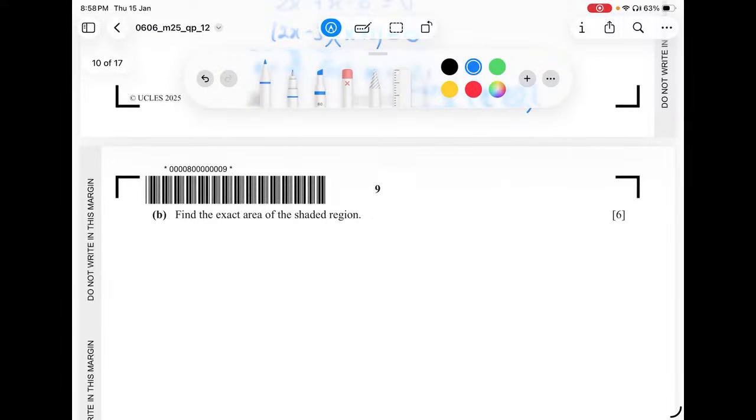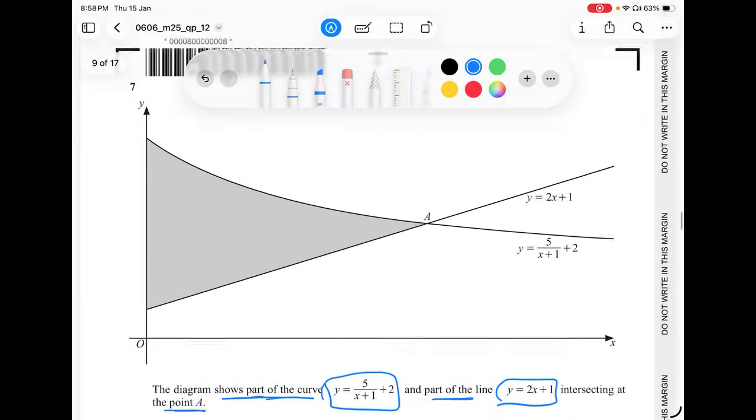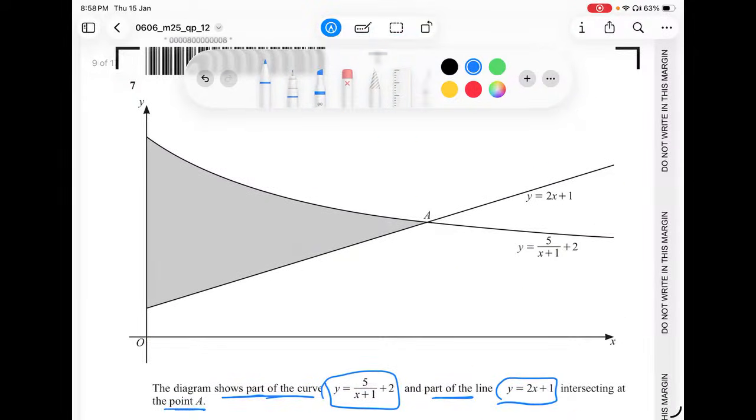Now part B: find the exact area of the shaded region. How do you find this shaded region? You use integration. They're asking you to apply integration to find it.